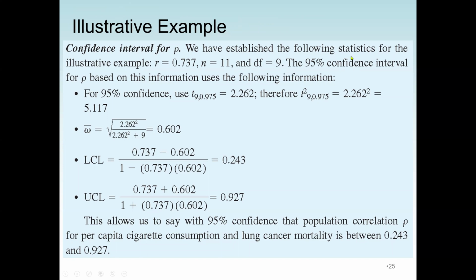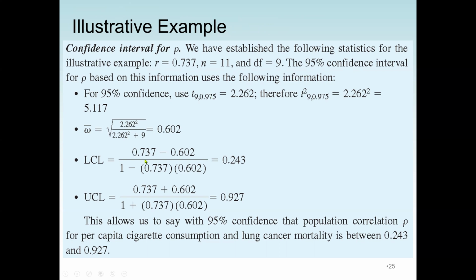We have established the following statistics for the illustrative example. We already have R to be 0.737. We know n is 11. We know the degrees of freedom is 9. So we know the 95% confidence interval for the population correlation is based on this information.